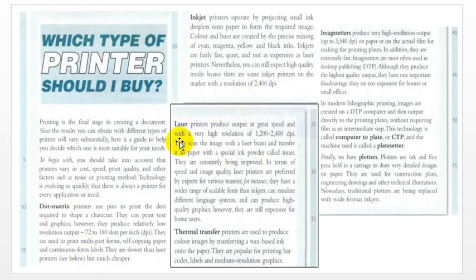2400 dpi. Laser printers produce output at great speed and with a very high resolution of 1200 to 2400 dpi. They scan the image with a laser beam and transfer it to paper with a special ink powder called toner.